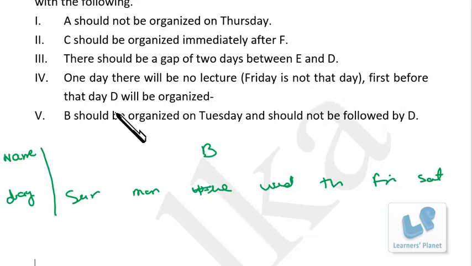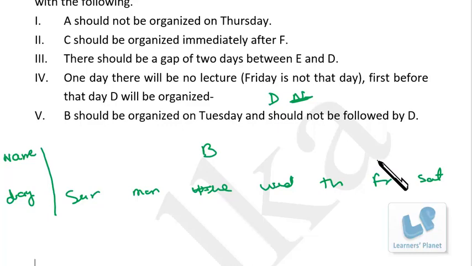D is organized, and after that there is no lecture, a gap. So we have to set D and gap in this chart. Now, B is not immediately followed by D, so we cannot have D and gap over here, because Friday is not that day.